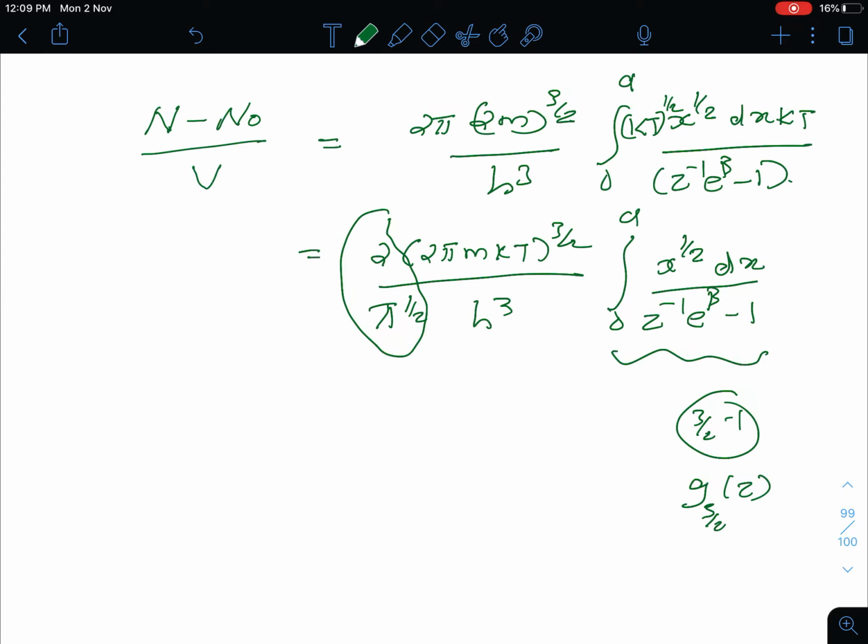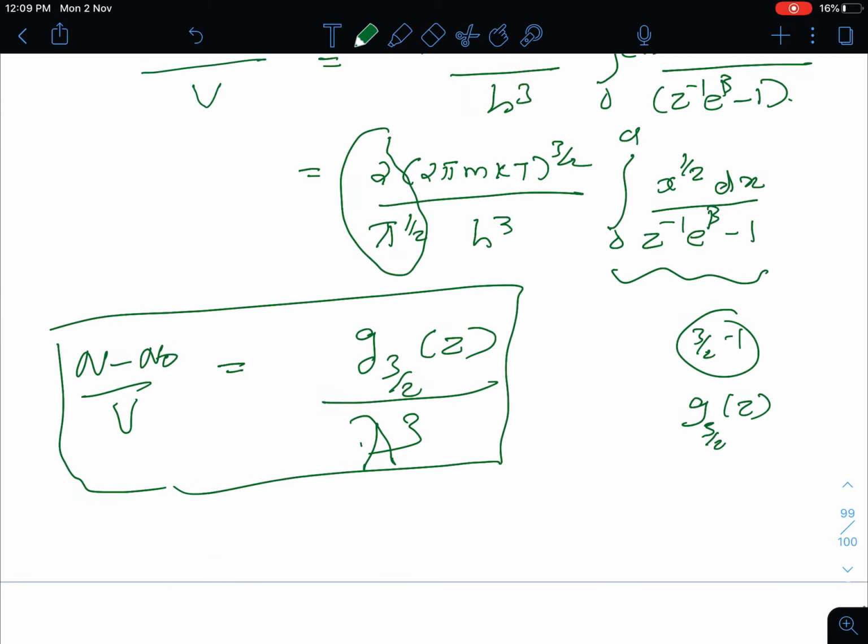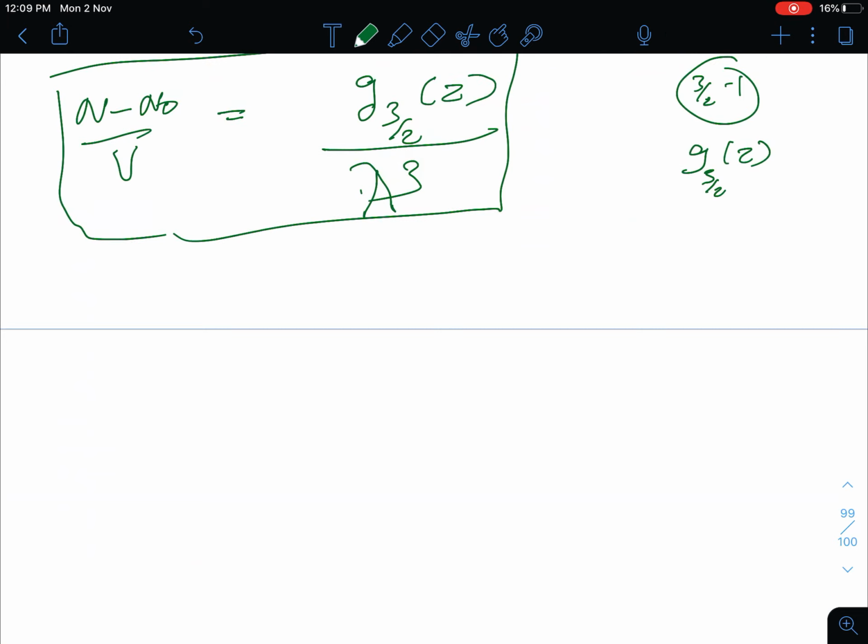Gamma 3 by 2 is equal to half gamma half, that is root pi by 2. So taking all of that together, you will be getting simply g 3 by 2 of z divided by lambda cube. So n minus n0 by v is equal to g3 by 2 of z divided by lambda cube. Good? Very good.